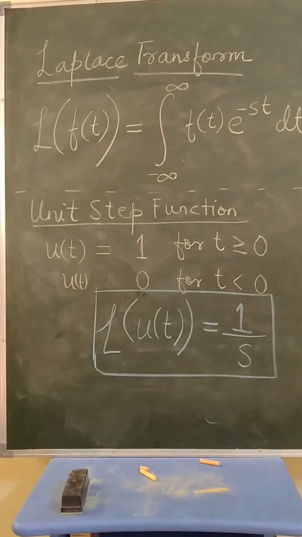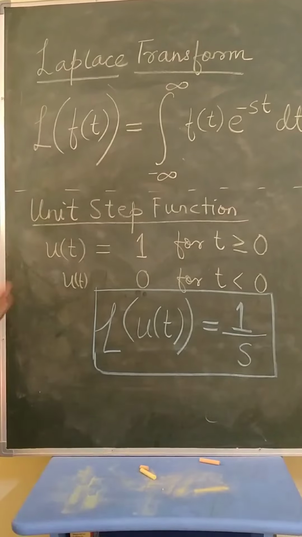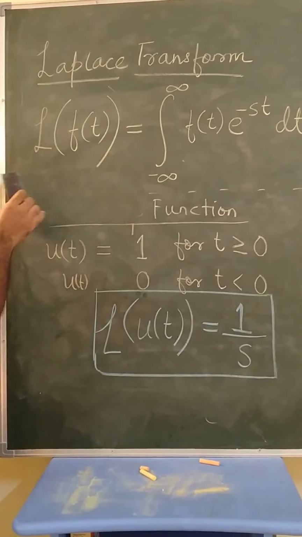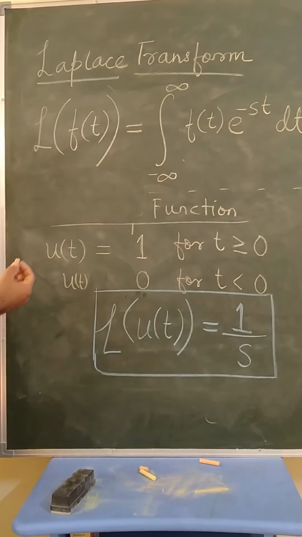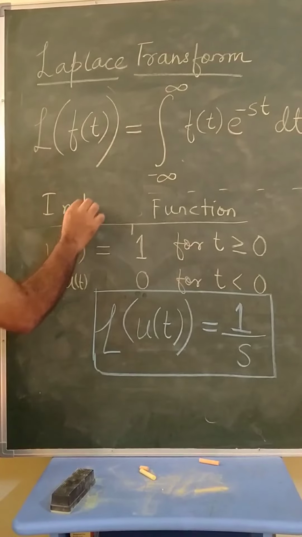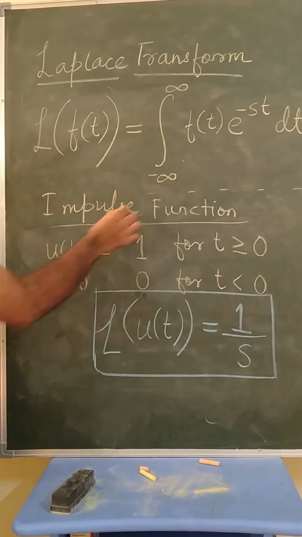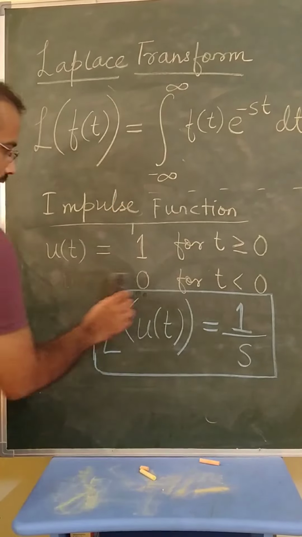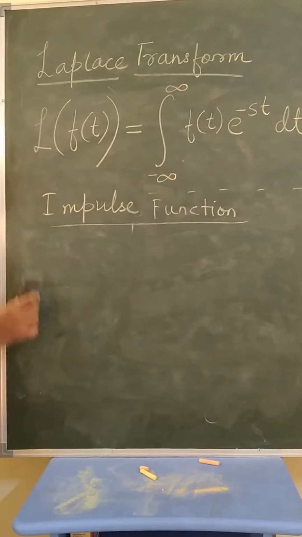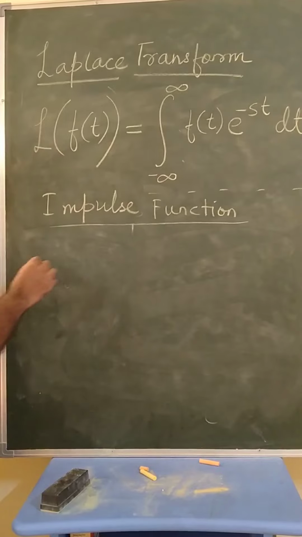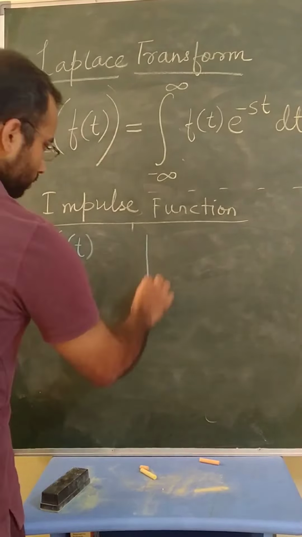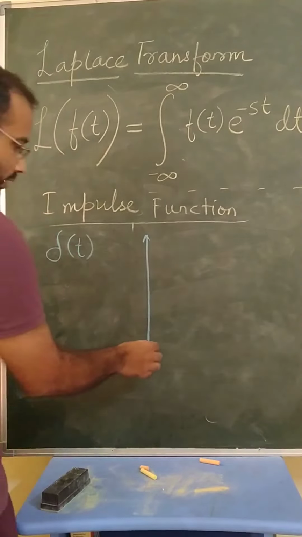Then the next function that we will be using in this course is the impulse function. And the impulse function, we would be denoting it by delta, and it is defined as, graphical definition.